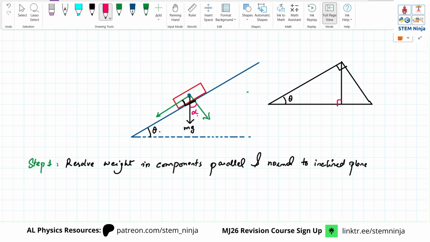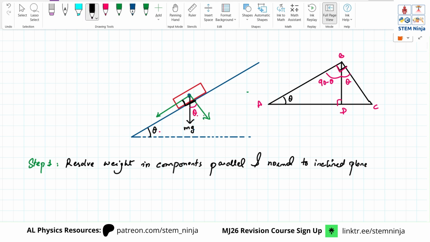This is 90 degrees, this is 90 degrees. So in this triangle, let's call it A, B, C, D, ABD over here is 90 minus theta. If this is 90 minus theta, this one would be theta simply because the full angle is 90 degrees. So nothing more left over here. That's it. Simple. So this angle is also theta.